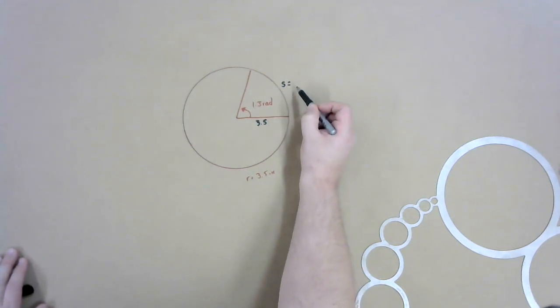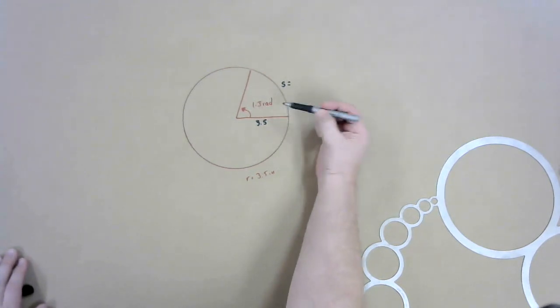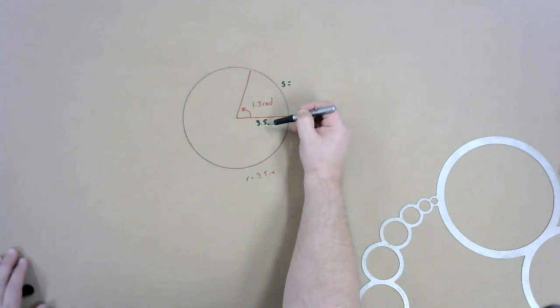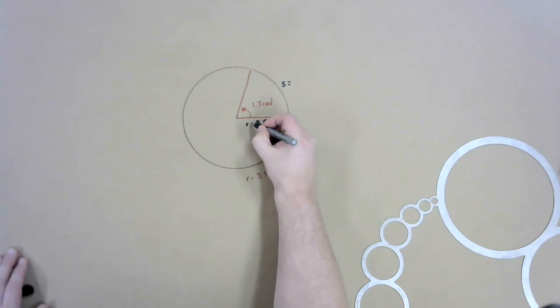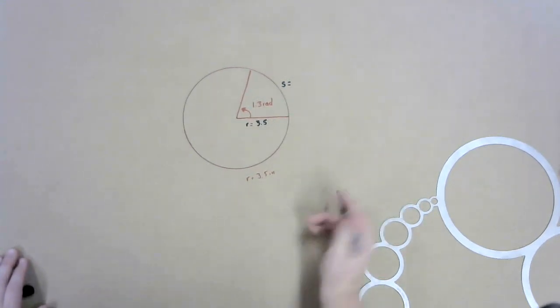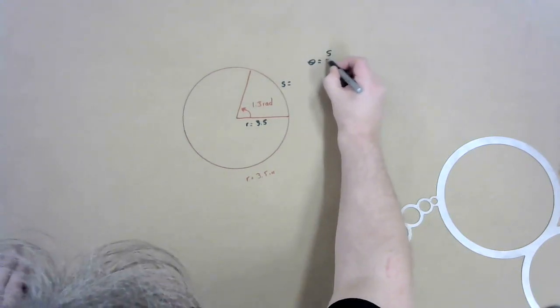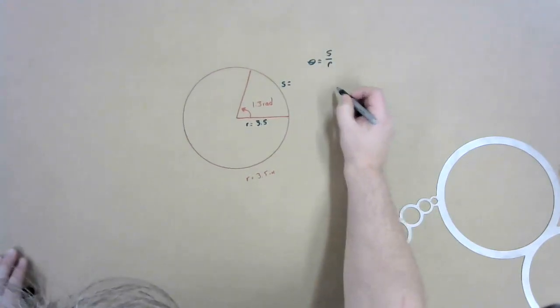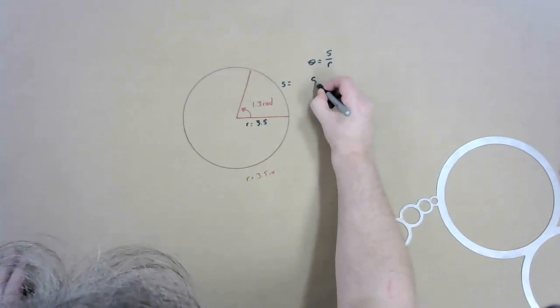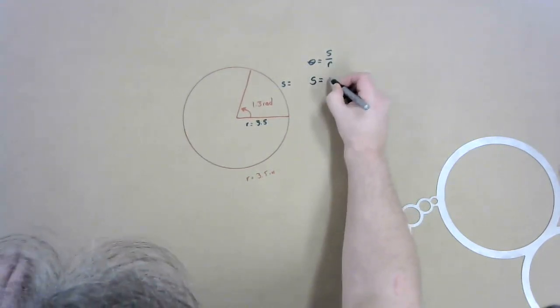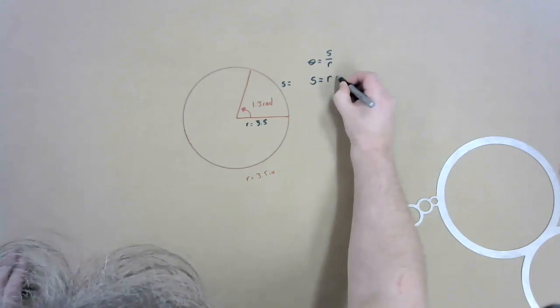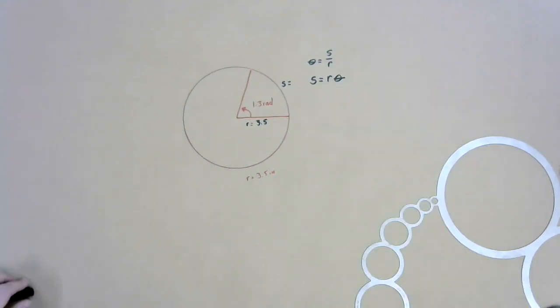That definition of radians, being the ratio between arc length and radius, with a little bit of algebraic manipulation gives us one of our first circle formulas in radian measure.